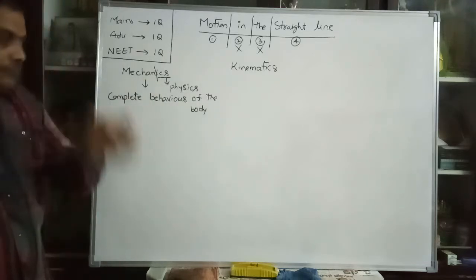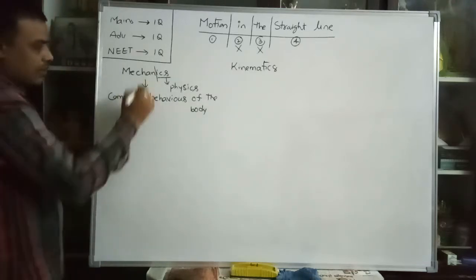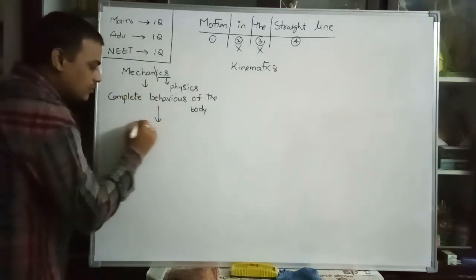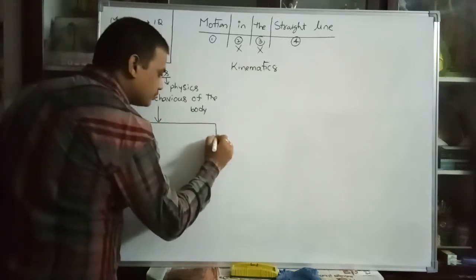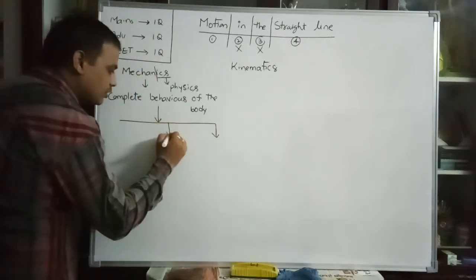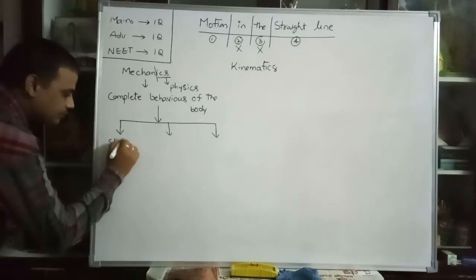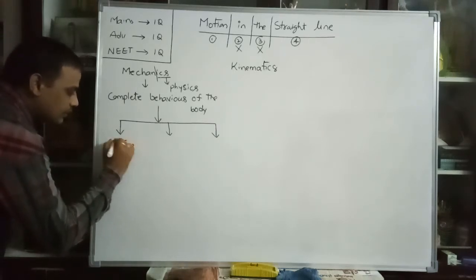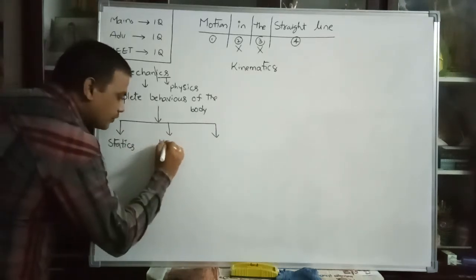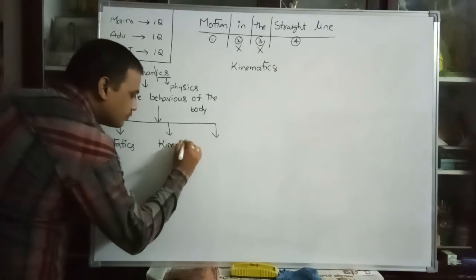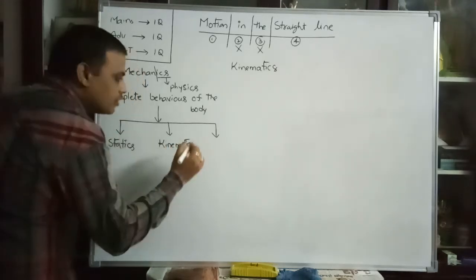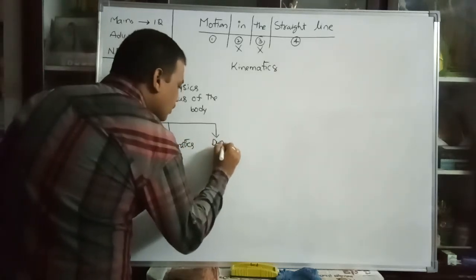According to the scientist Newton, mechanics is divided into three parts. The first part is statics, the second part is kinematics, and the third one is dynamics.